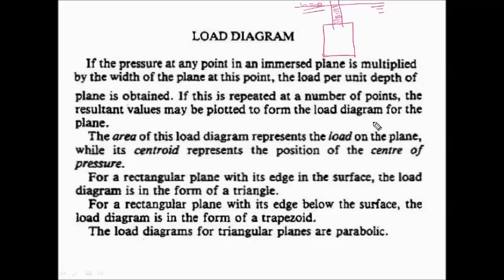If this is the condition, how will the load diagram be? You can calculate the load diagram like this. Again, at the free surface, pressure will be 0. As you go down, the pressure is going to increase. So the load diagram will be triangular only.